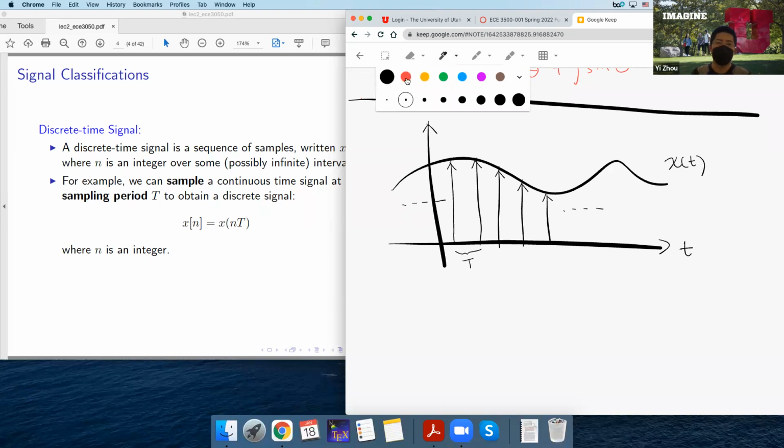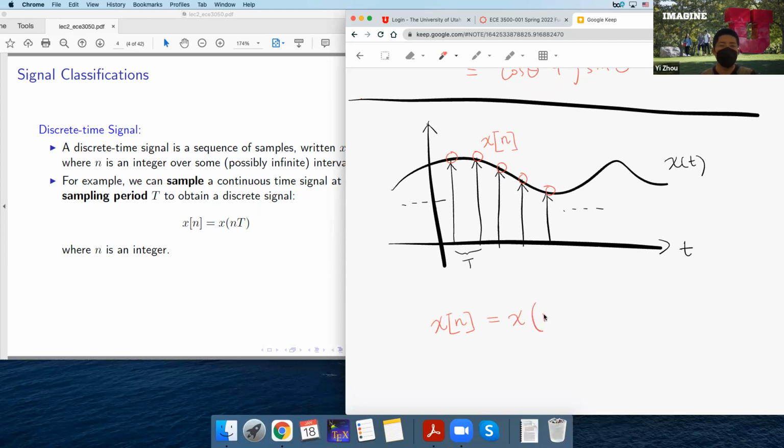So now I'm looking at these discrete points, and these discrete points form a discrete signal. The value of this discrete signal is the corresponding value of the continuous signal evaluated at the nth period.